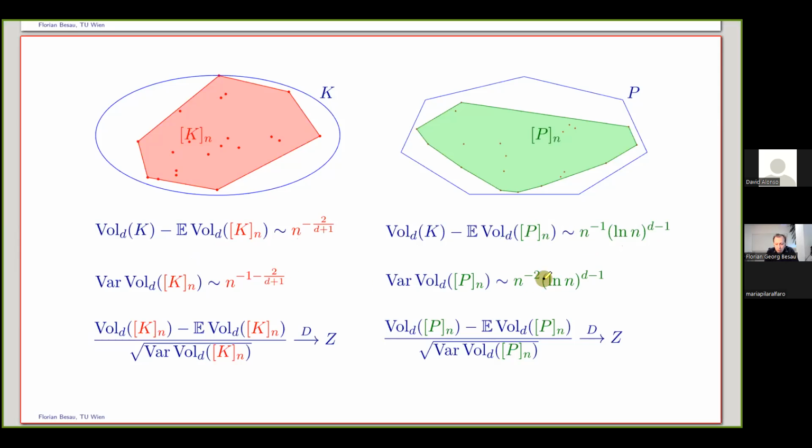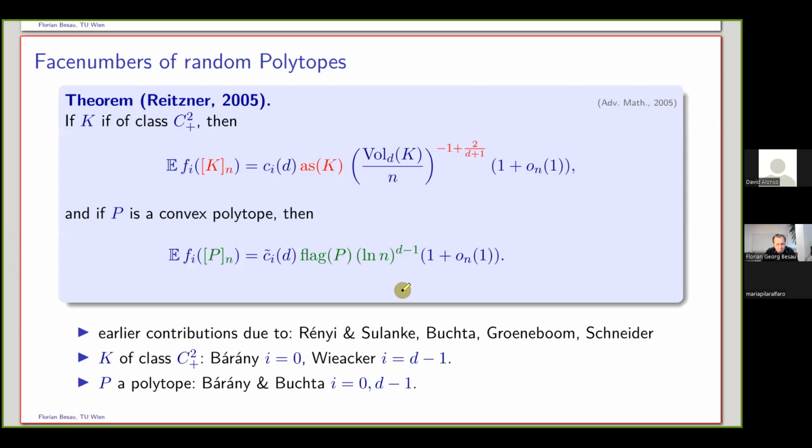Then for the variance, we have asymptotic rates with sharp bounds, and in both cases we had a central limit theorem. Now, I also want to mention briefly that we have similar limit theorems for the expected number of vertices and edges and so on, so for the face numbers.